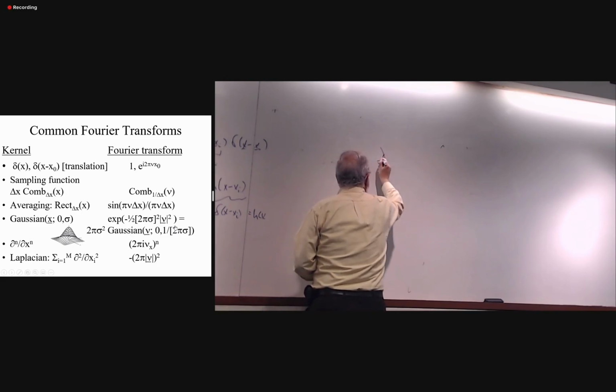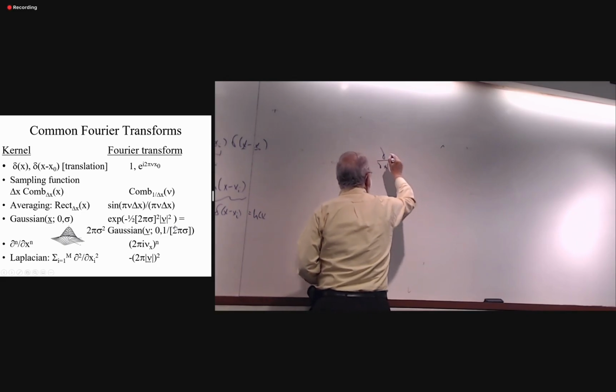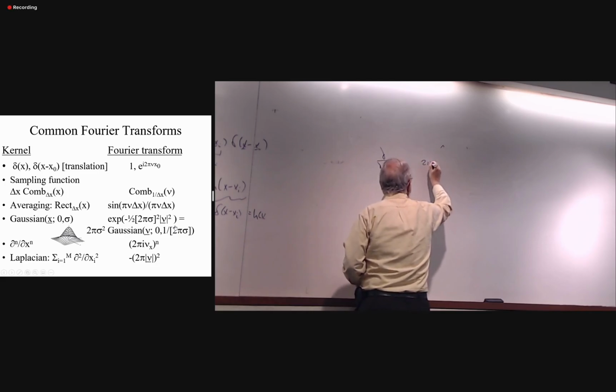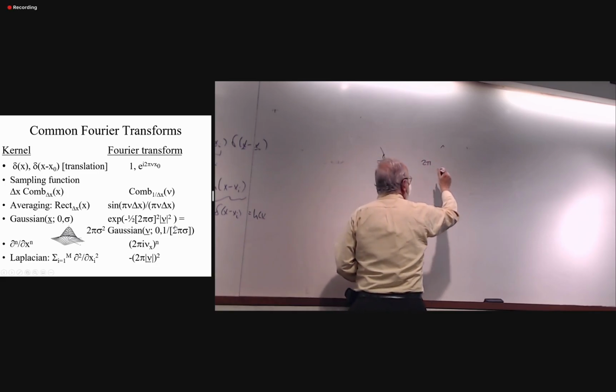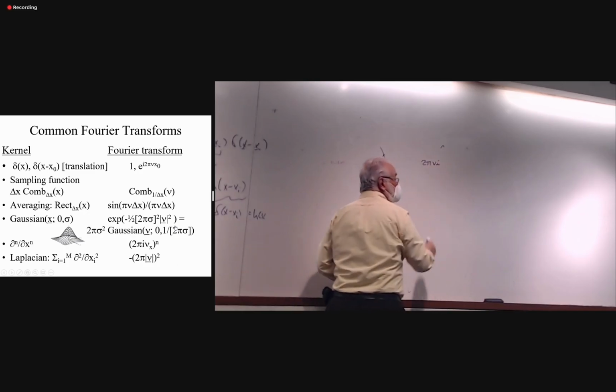So this says d by dx, as a kernel, becomes 2 pi nu i.